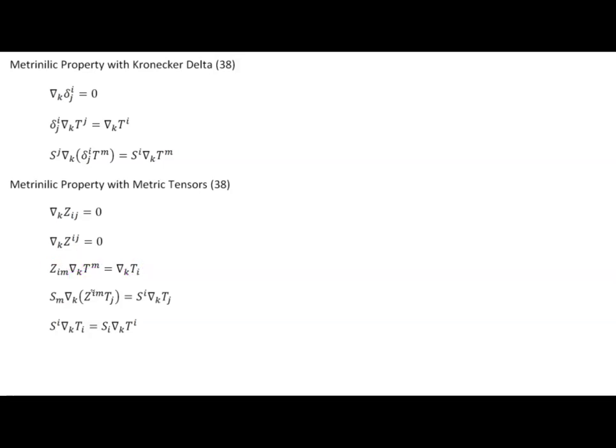Works both ways. So if the metric tensor factor is on the inside, it can serve to operate on a factor on the outside. In this case, it's going to raise the m index, giving us S^i on the outside like this. And that in turn means that the flipping operation where we move an index down and up on either of these two factors to produce S_i and T^i like this works even though the two factors are on opposite sides of the covariant derivative operation.